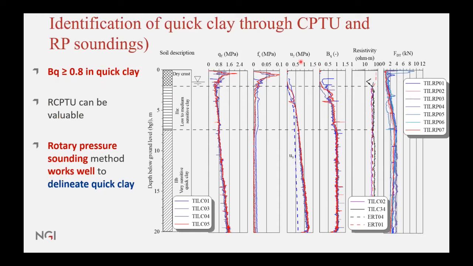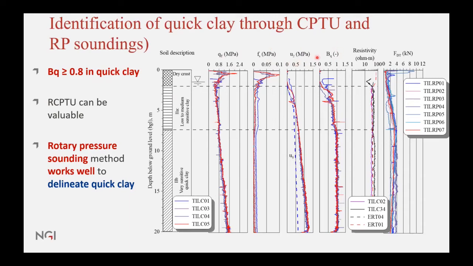When we look at CPT data, for example, this is results from our national test field on sensitive clay close to Trondheim, where I live. So we have the standard results with the corrected tip resistance, the sleeve friction, the pore pressure while penetrating the soil.